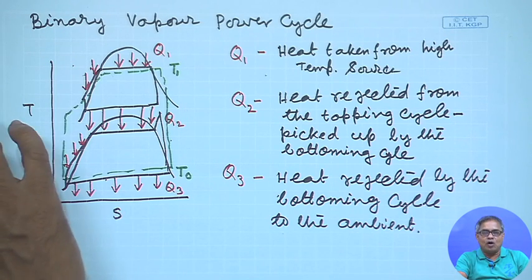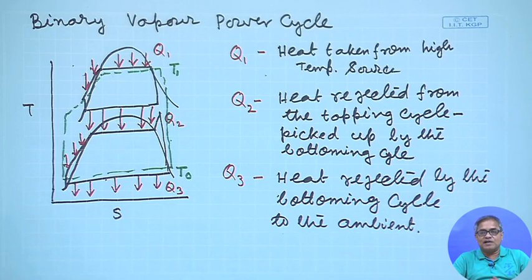Even people have thought that there could be three cycles. Then the topmost cycle will operate at the highest temperature, and that cycle could be a liquid metal like sodium, and after that there will be another liquid metal which could be mercury, and the lowest one that could be water or steam.